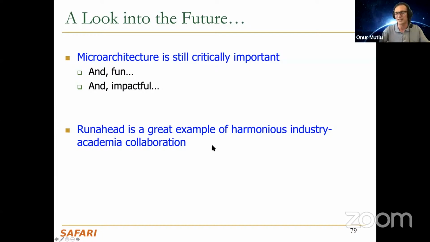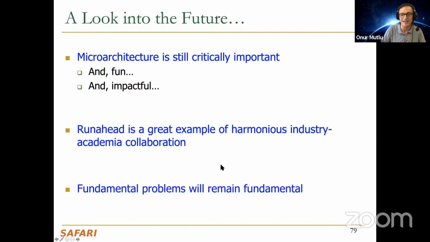And we still work together with industry in a cooperative way to put out ideas like this into the research domain. And I think this is important. I pointed this out in my retrospective talk. These sort of memory problems, prefetching problems, caching problems are very fundamental, and they will always remain fundamental. So you will need to develop new ways of thinking about them.